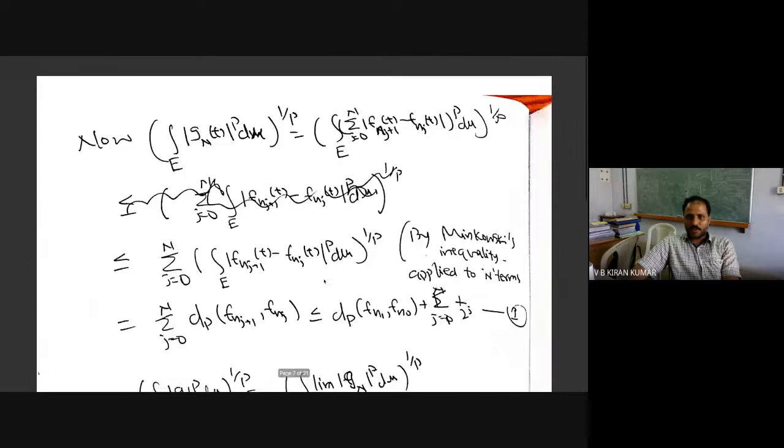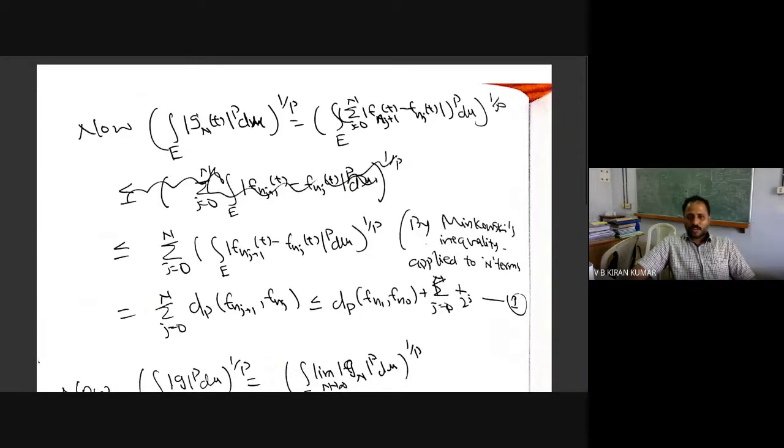Now, what are we going to do? First, we are going to prove that each g_N is in L^p. That is easy. You look at the integral over E of g_N(t) to the power p, all to the power 1 by p. Since g_N(t) is a non-negative thing, you substitute its definition with the absolute value.